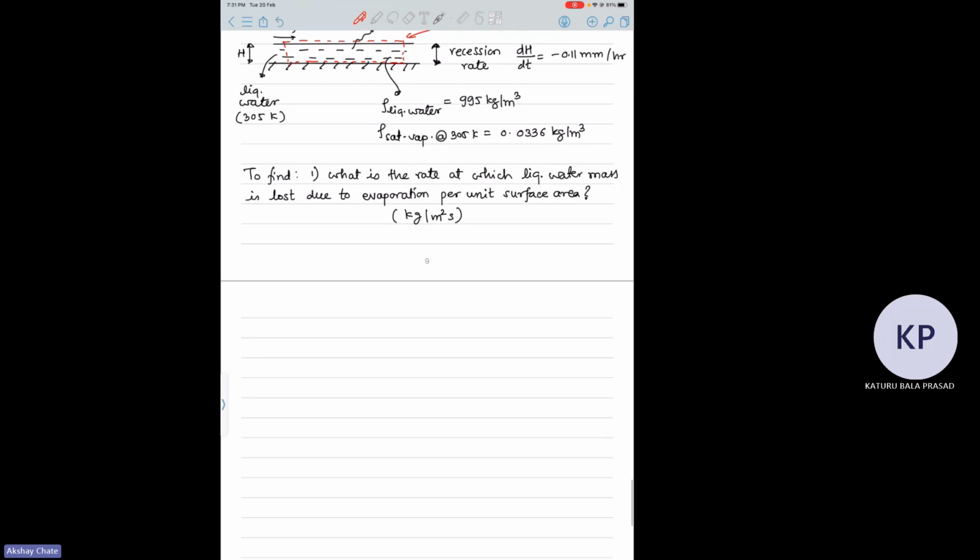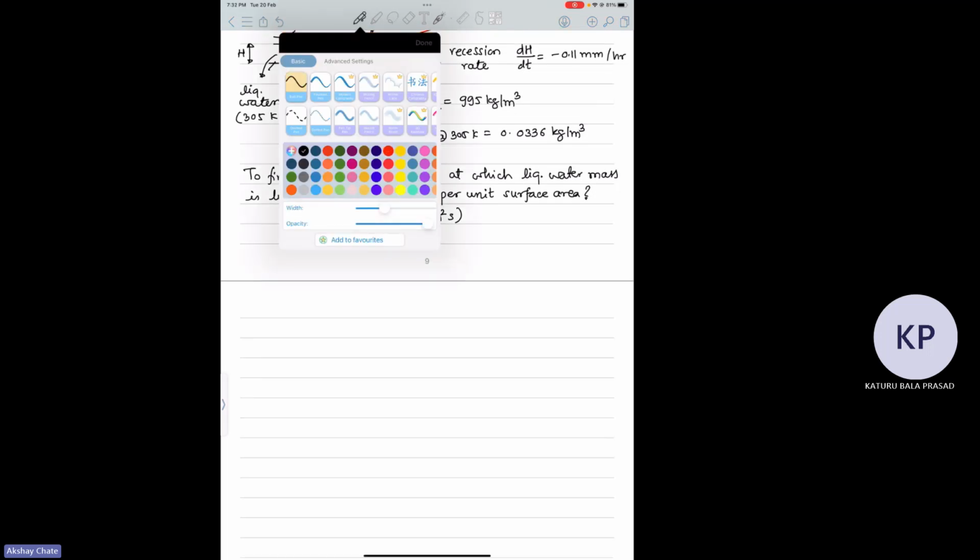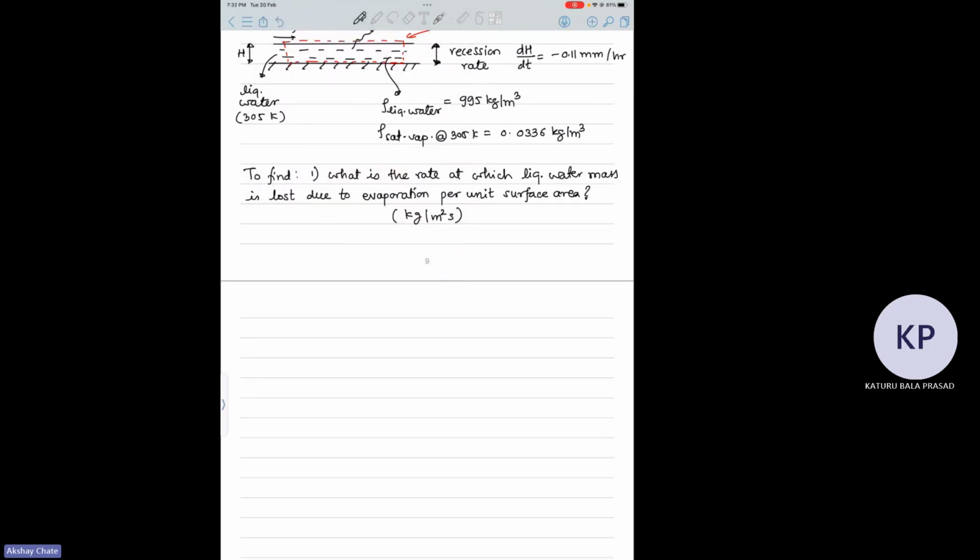If you do that and apply conservation of species to the control volume, or even you can say applying mass conservation, because there is a phase change here, but it's all water, it's getting converted from liquid to vapor, but mass conservation will still hold. You can call it species, mass, whatever you want.